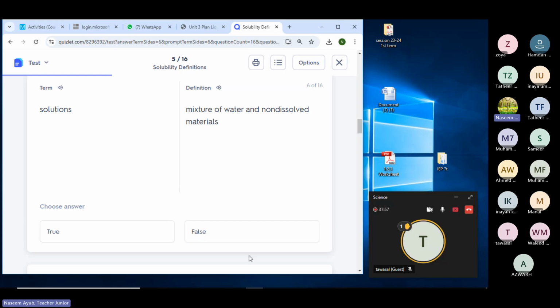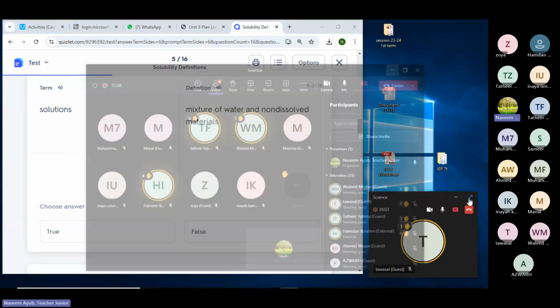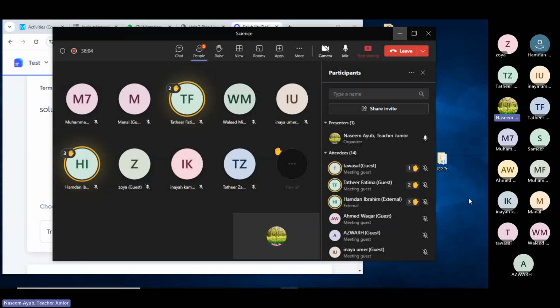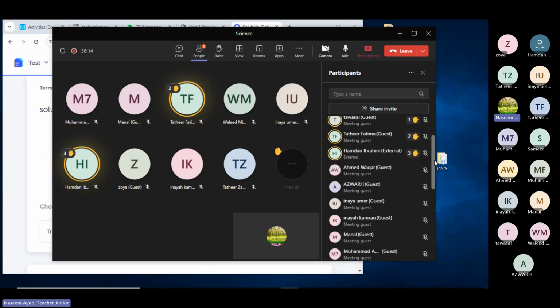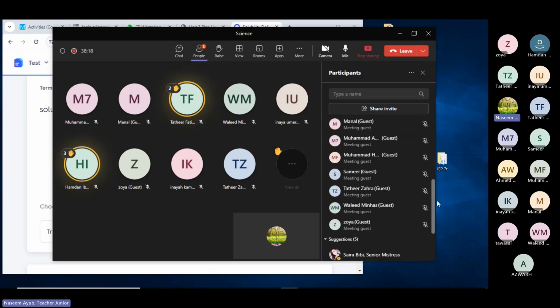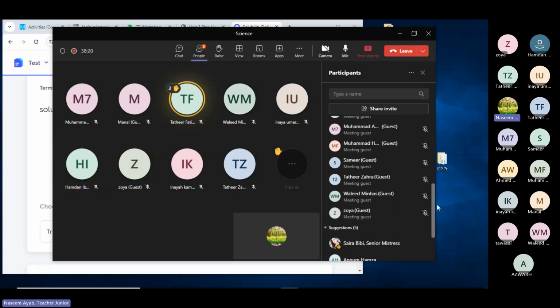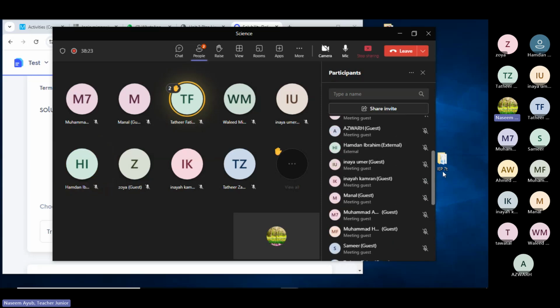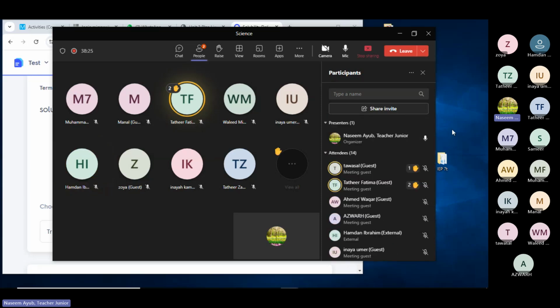Yes, solutions: mixture of water and non-dissolved materials. Jafar is also in the meeting, and Sameer is also in the meeting. Can you both unmute yourselves and tell me, because you didn't answer any of the questions. Jafar is not there, only Sameer. Sameer, are you there?